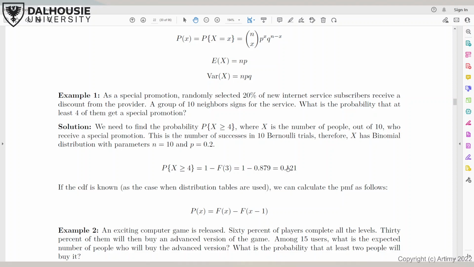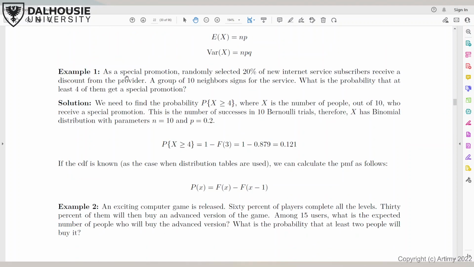So let's take some of these examples and see how we use the probability distribution. Here we have a company that's offering promotions, and they are selecting 20% of any new subscribers to receive a discount.